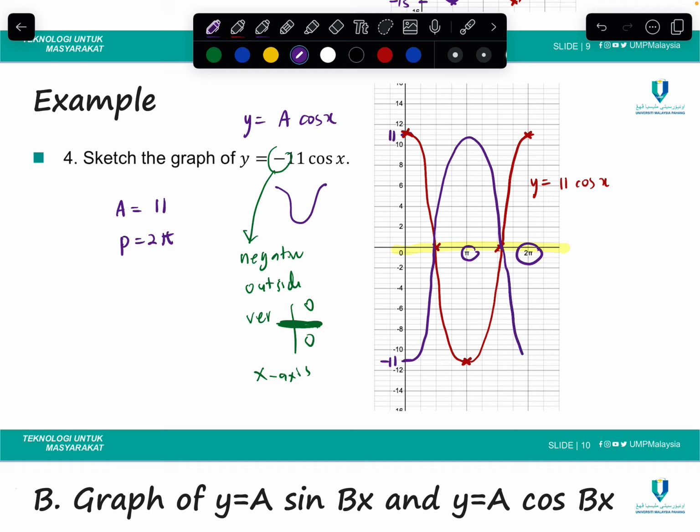So that is the final answer. The purple curve is negative 11 cos x, while the red curve is just temporary before we get the final answer.